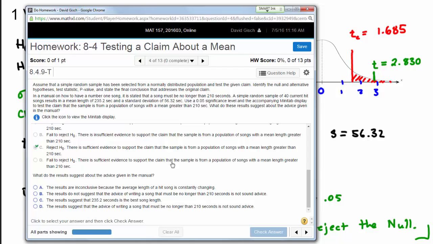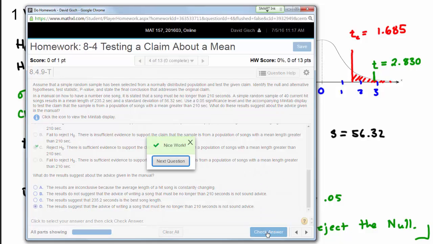So in a manual, how to have a #1 song is stated that you must be no longer than 210. However, we did support the claim that the mean is greater than 210. So the results suggest that, yeah, that's not sound advice.